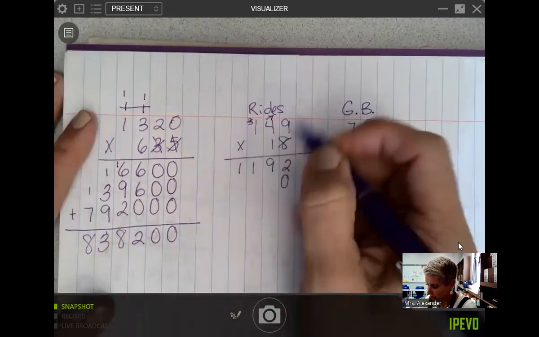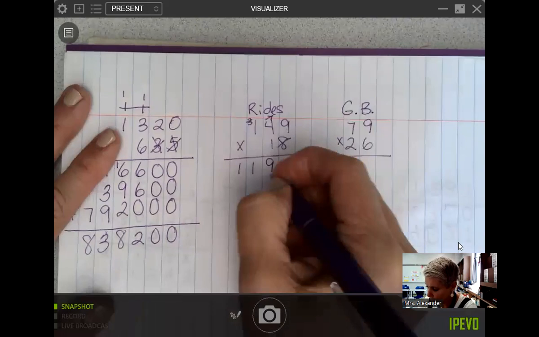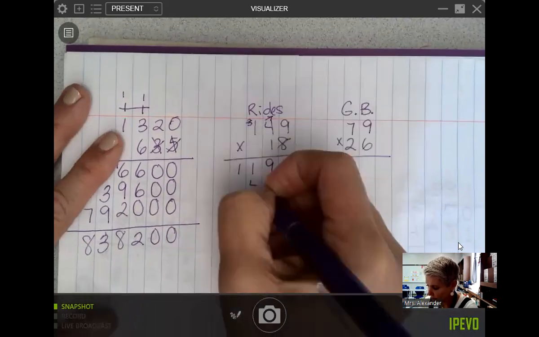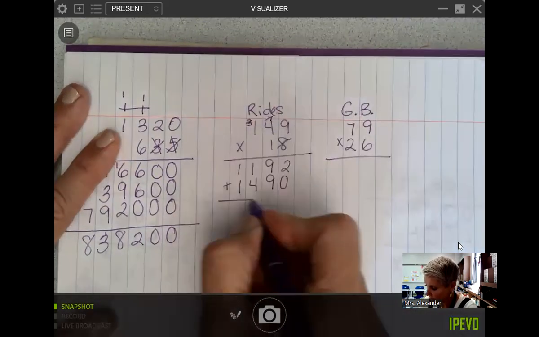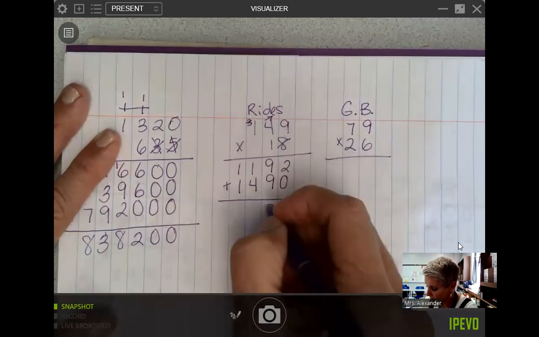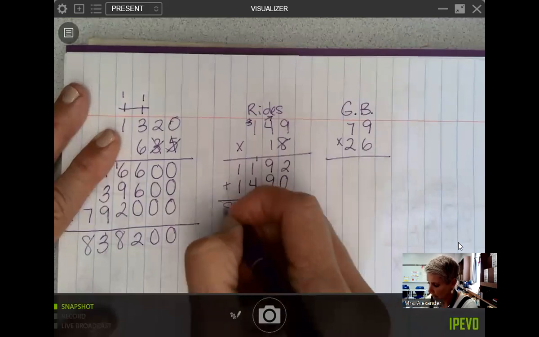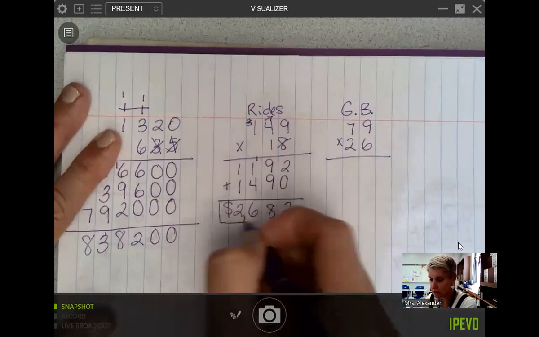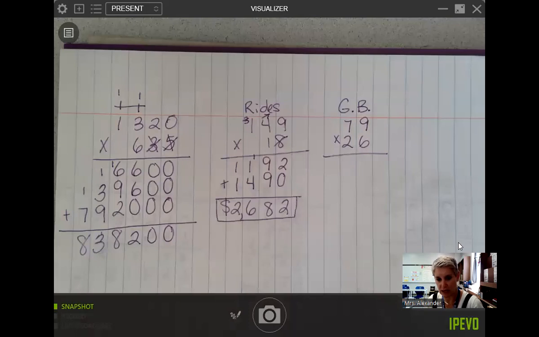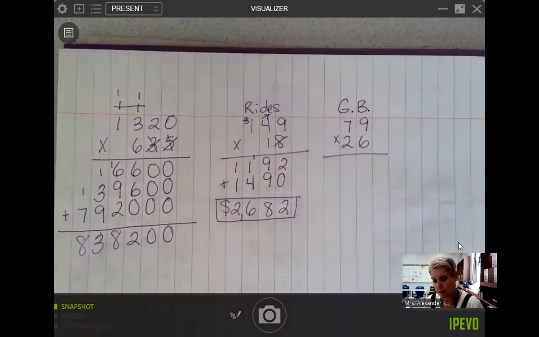This should be good. 1 times 9 equals 9. 1 times 4 equals 4. And 1 times 1 equals 1. We add our partial products. And to rent the rides is going to cost $2,682.